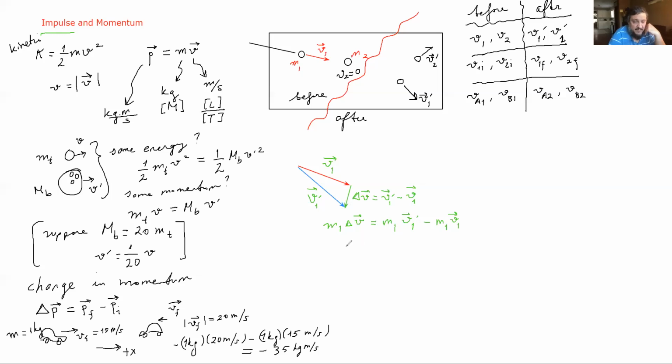Okay, so what you have here is delta P, or P1, because it's the first ball, is equal to P1 after minus P1 before, which is this, right? Same thing, but this is how you work it out in 2 dimensions. Same thing in 3D, okay? So, just be careful with the direction, okay?